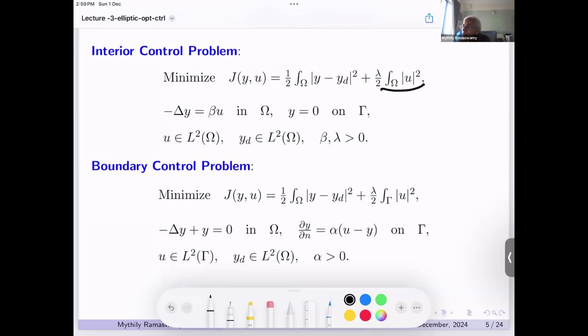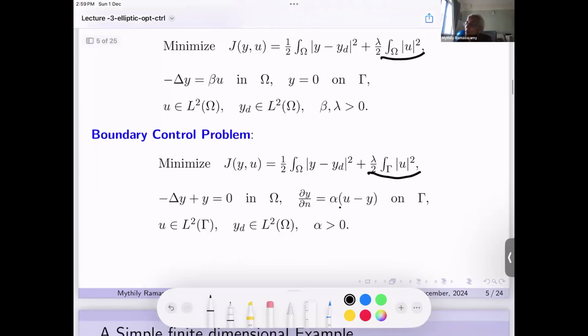Whereas in the boundary control problem, u is defined only on the boundary, so I can only integrate it on the boundary. So it is the nature of the problem, or where you are defining your control. The functional depends on the domain of definition of the control. Okay, let us go on.